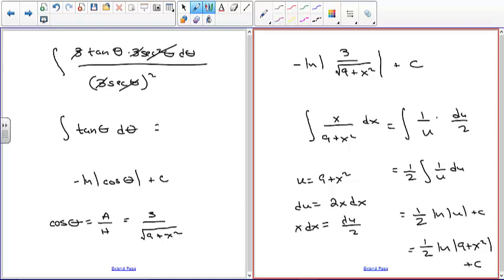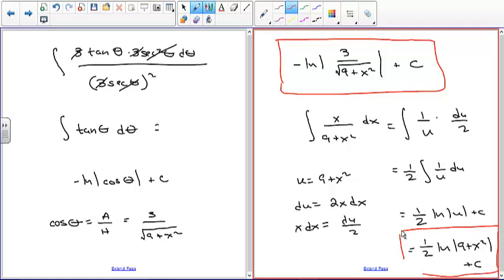And you look at the two answers and you're like, they don't look the same to me. Here I've got that. That's what I did using trig substitution. This is what I got using u substitution. So anybody know how you can prove they are the same using the properties of logarithms?